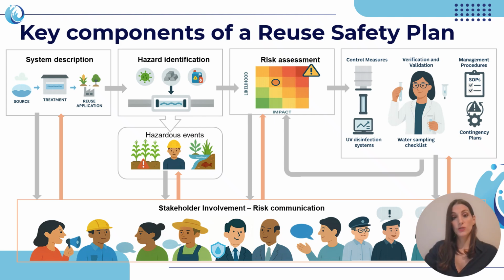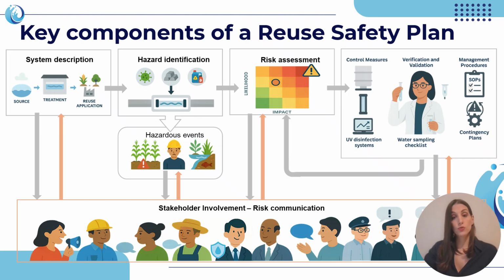Often, this is visualized using a likelihood versus impact matrix, which we will explore in more detail in a later video. The next step is defining control measures, the physical or operational barriers that reduce or eliminate risks.